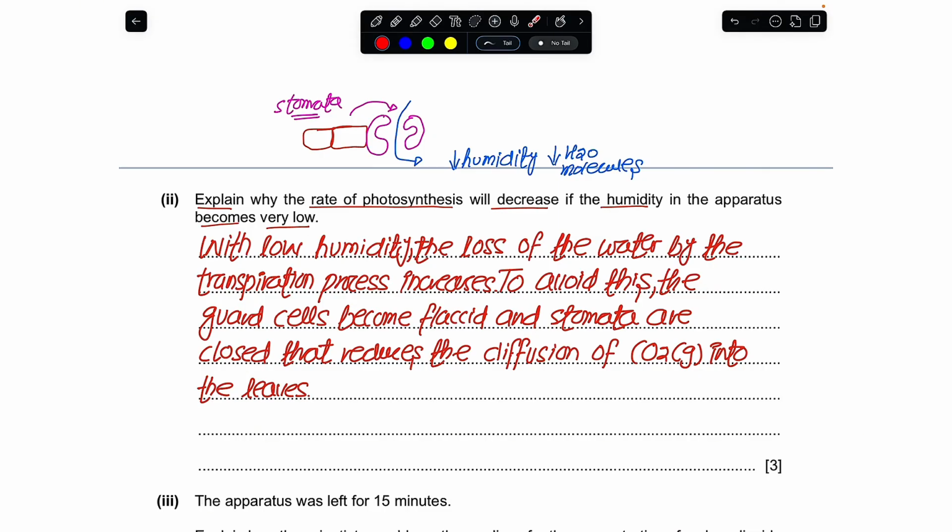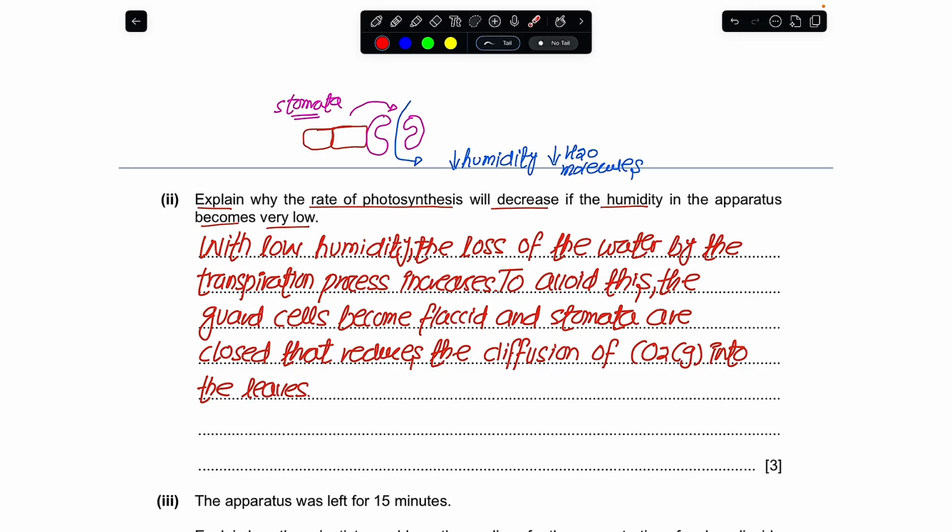But the closure of the stomata would have a disadvantage as well, that here the carbon dioxide gas diffusion into the leaf would stop, and the carbon dioxide would become limiting now, and ultimately the rate of the photosynthesis would decrease. So for 3 marks, what you are required to write is that when the humidity is low, the loss of the water by transpiration process increases.